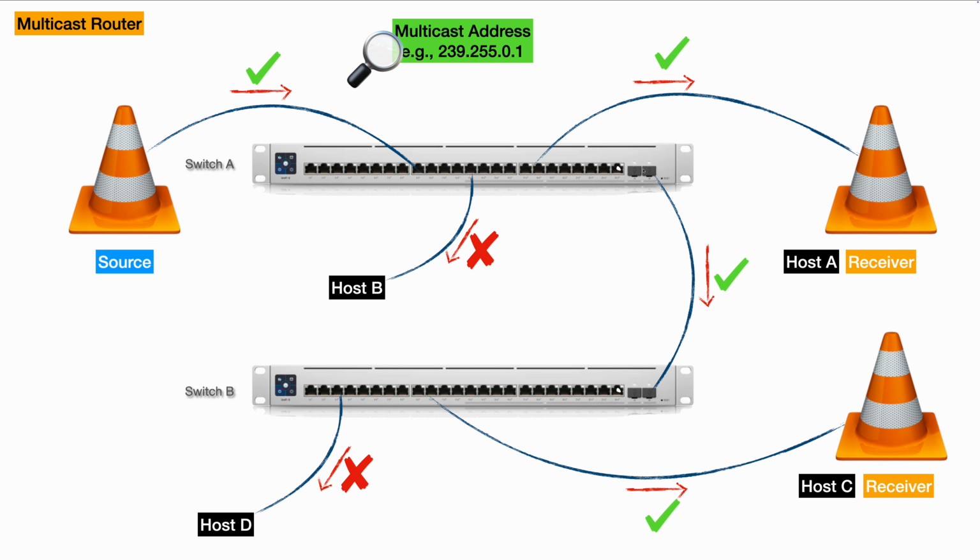This behavior works well for broadcast packets that are intended to be seen or processed by all connected nodes. For example, the host A and host C, right? But the packets will be flooded into the network even though these two nodes have no interest in receiving the packets.